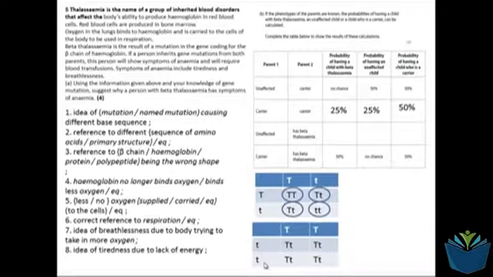If you look at this, the probability of having a child with beta thalassemia, none of these four individuals have beta thalassemia, so none, or 0%. The probability of having an unaffected child, again, because they're all carriers, none, and therefore the probability of a child who's a carrier is all of them, therefore 100%.